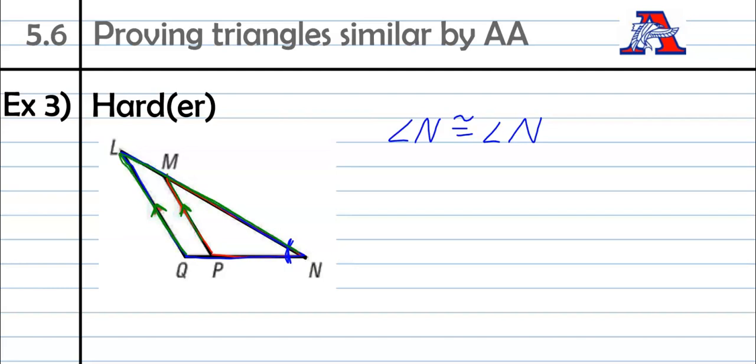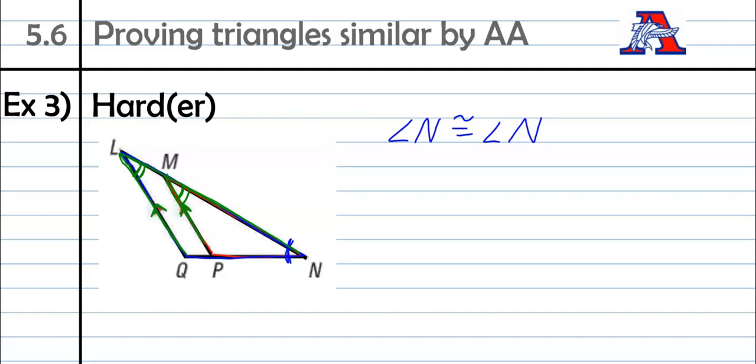Make it green, like that. Remember the armpits of the letter F? There's an armpit and there's an armpit. Those are called corresponding angles. If you have parallel lines, your corresponding angles are going to be congruent. That's going to give us enough information to say that the two triangles are similar to one another.